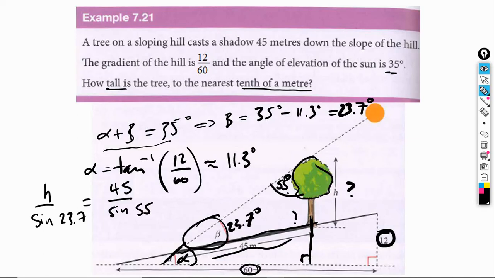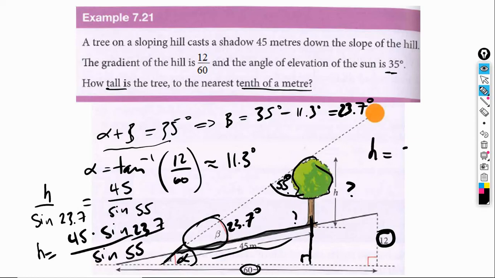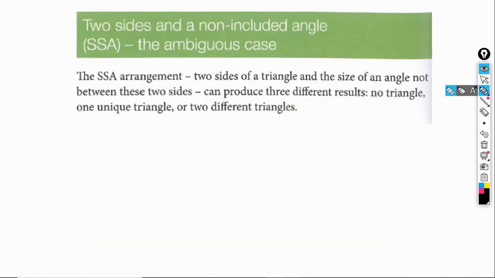And then here we can solve for h, and h is equal to 45 times sine of 23.7 divided by sine of 55, and that will give us, I'm going to write it over here to the right, that the height is equal to 22.1 meters.